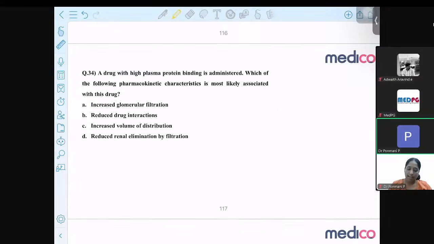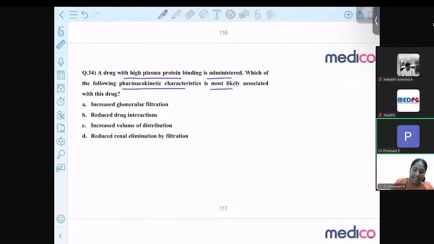Now coming to the next question. A drug with high plasma protein binding is administered. Which of the following PK characteristics is most likely associated with this drug? So now what is protein binding? That is, if you give a drug orally or by IV, it undergoes absorption. And once it undergoes absorption, it reaches your blood.